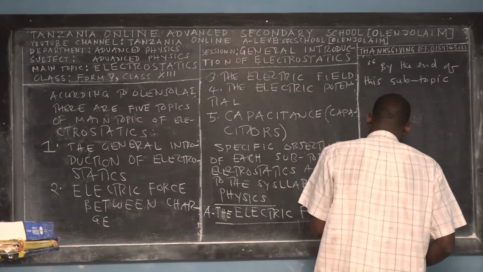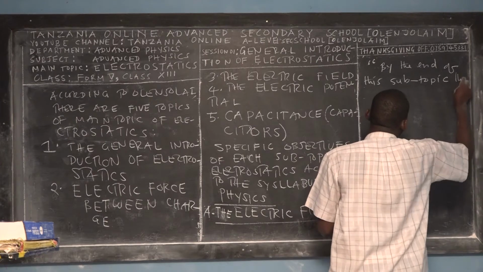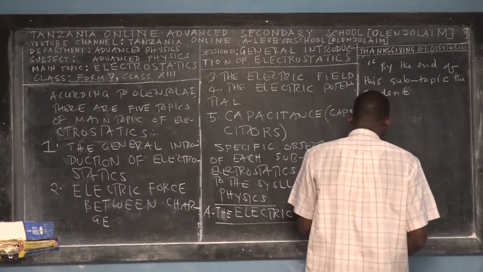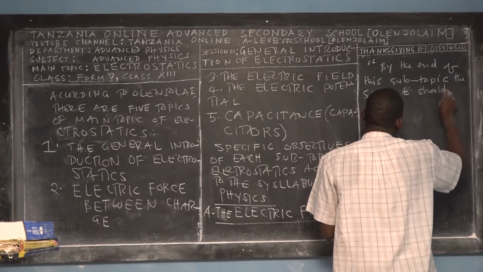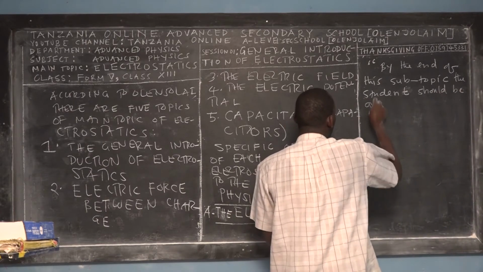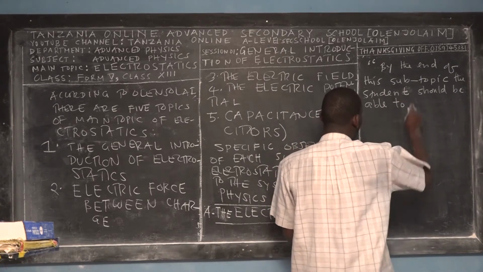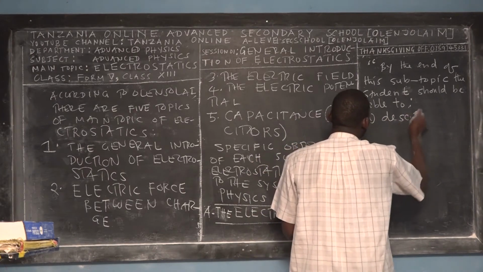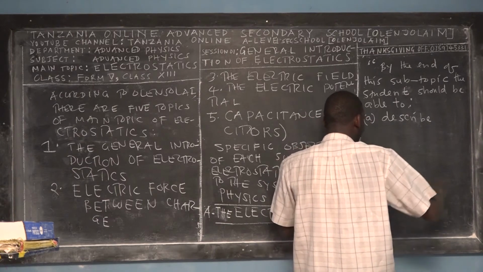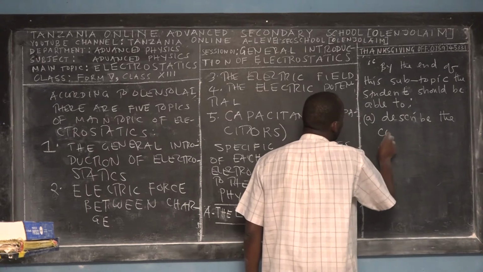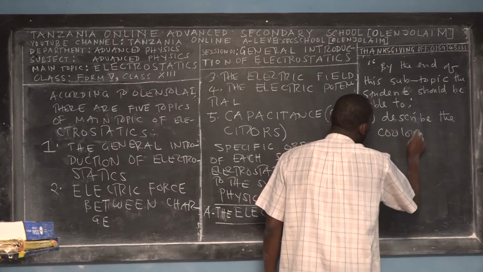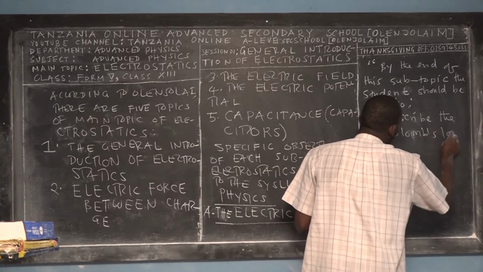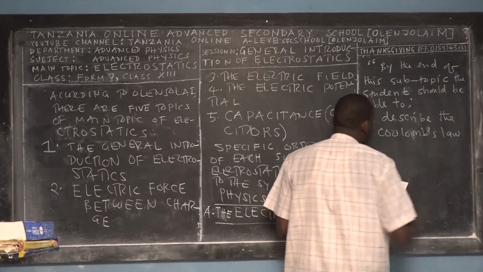The student should be able to describe, you student who is learning electrostatics with me right now, you should be able to describe first of all Coulomb's law. That is the first specific objective.